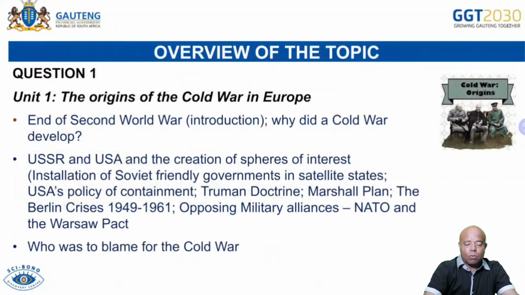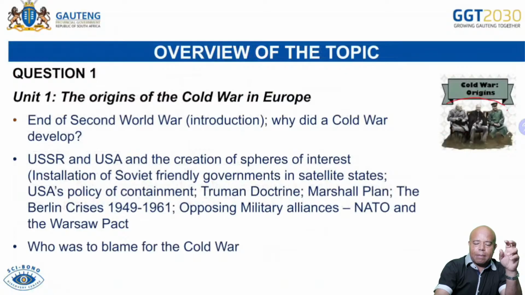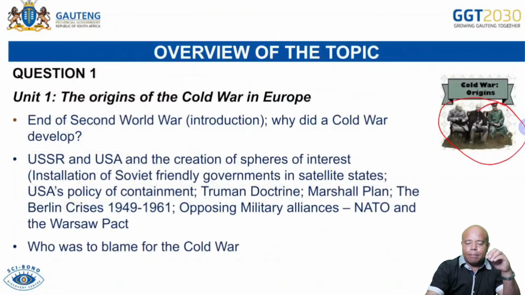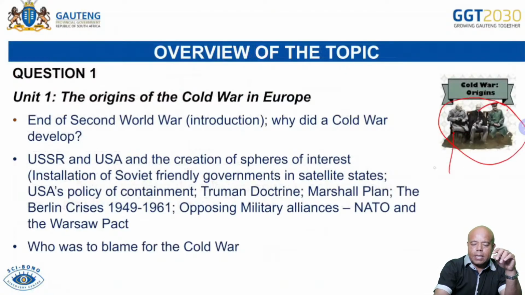The end of the Second World War. Why did the Cold War occur or develop? We must understand the three conferences. The Tehran Conference 1943, where the big three met. I'm circling it for you so we can see the big three. This one is Britain, this one is USA, this one is USSR.